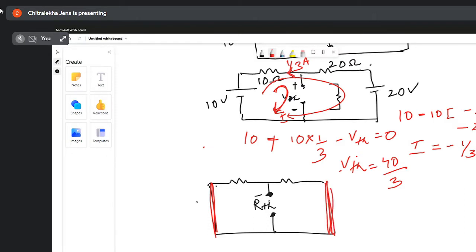The voltage source was giving you the potential difference, so when there is no voltage source, there is no potential difference. You have deactivated it. Now if you look from these two terminals, what will be the value of the equivalent resistance of the circuit? These two are connected in parallel or series?